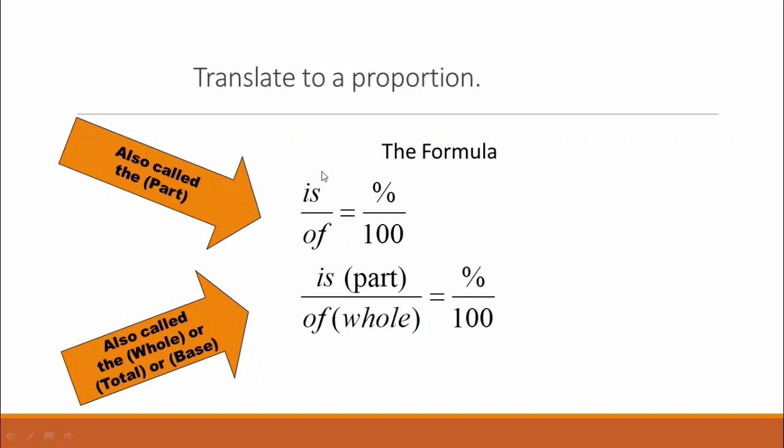So part divided by whole is equal to percent divided by 100. So "is" means part and "of" means whole. This is the translation of the given formula by which we can calculate the percentage.